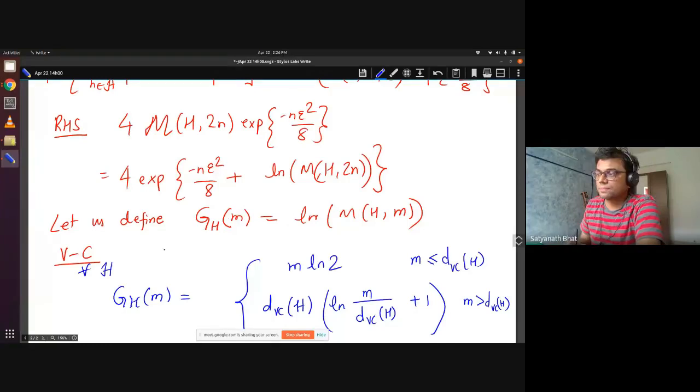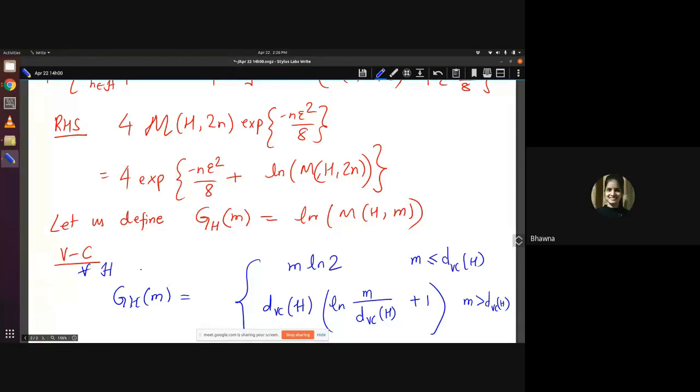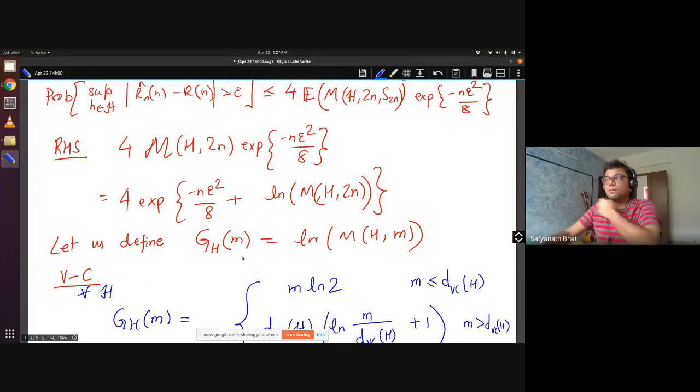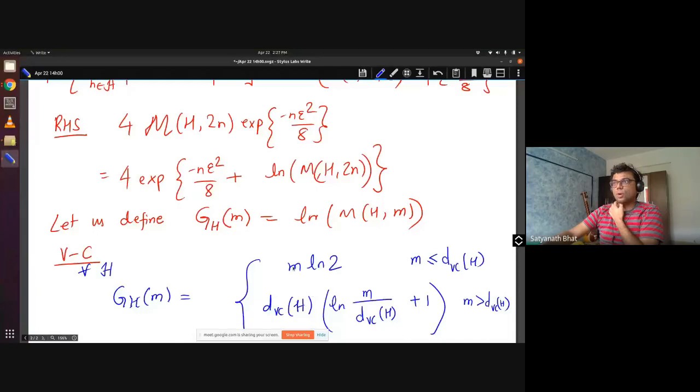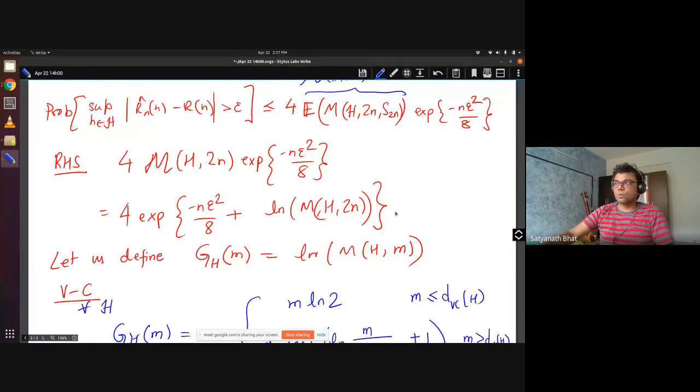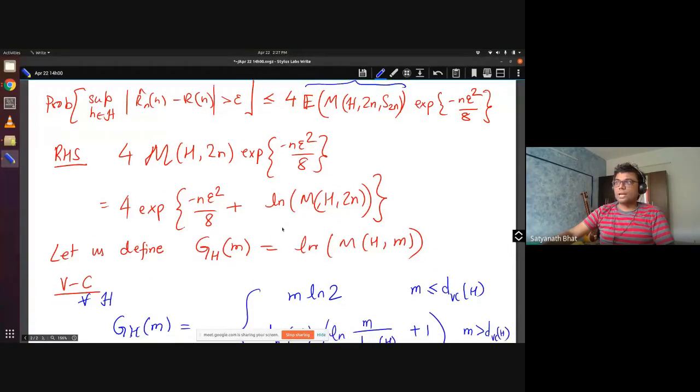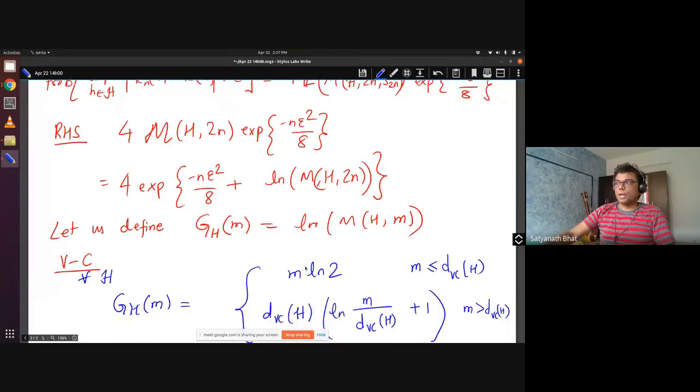Is that okay? Sir, but how does this fancy m address the second issue? So where does the fancy m plug in? This is where it plugs in, right? So ln of fancy m is what we are calling as gh, right, Bhavna? Yes, sir. So now I am going to plug in.